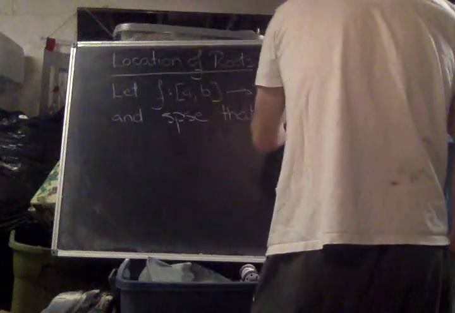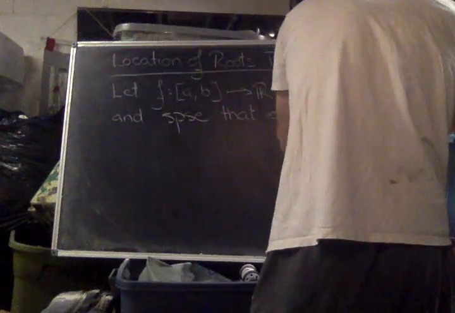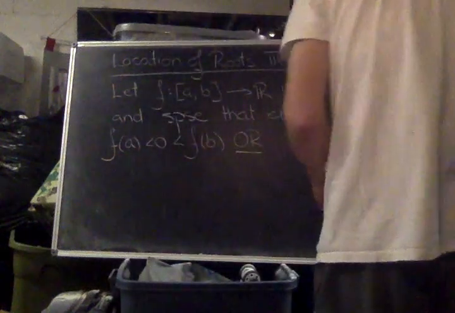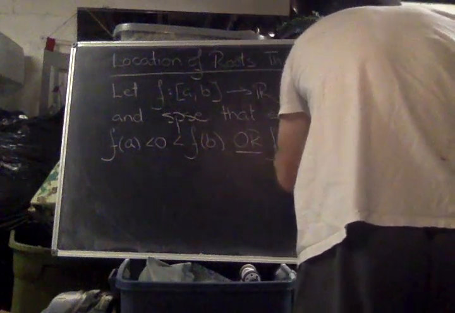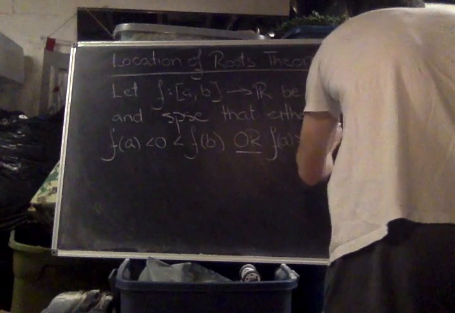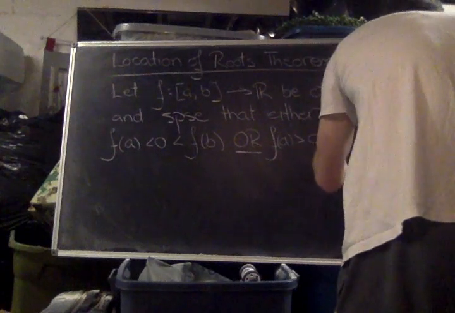And suppose that either f of a is less than 0 is less than f of b, or you've got the opposite situation, say f of a is greater than 0 is greater than f of b.